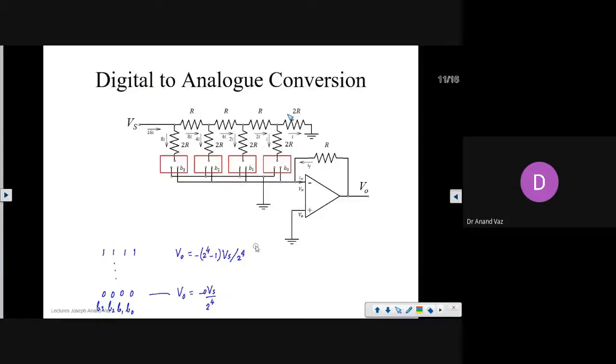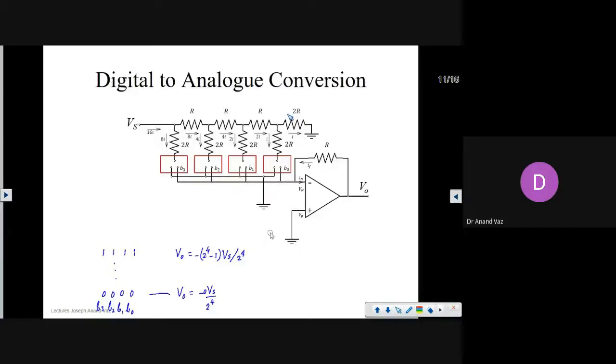Okay. So this is the point that I wanted to make. Now, the range between 0 volts and Vs volts was converted to 16 different levels by four switches, 4 bits. Okay, so this was just a 4-bit digital to analog conversion.